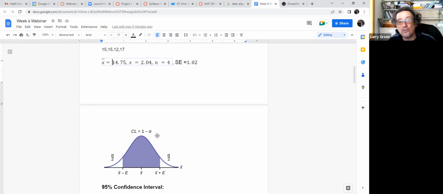But you have to define that close by the margin of error. Okay, so that's really important in terms of what we're doing this week, this confidence level. It's kind of how confident you are that the population mean really is in this interval that you have right here between X bar minus the margin of error and X bar plus the margin of error.